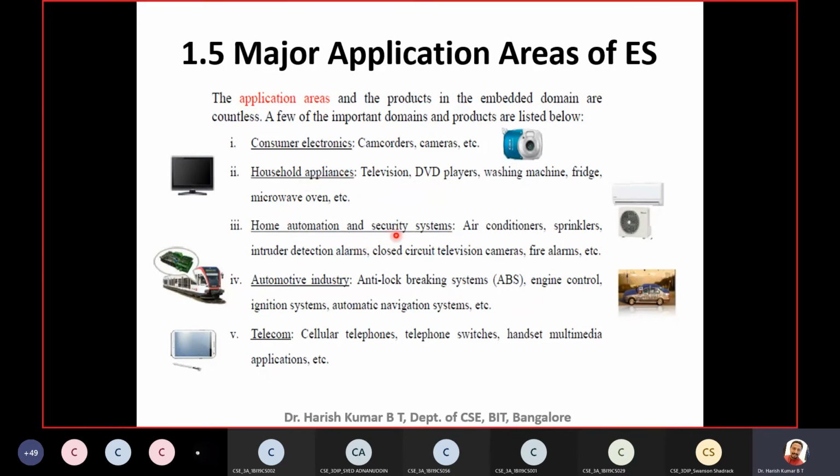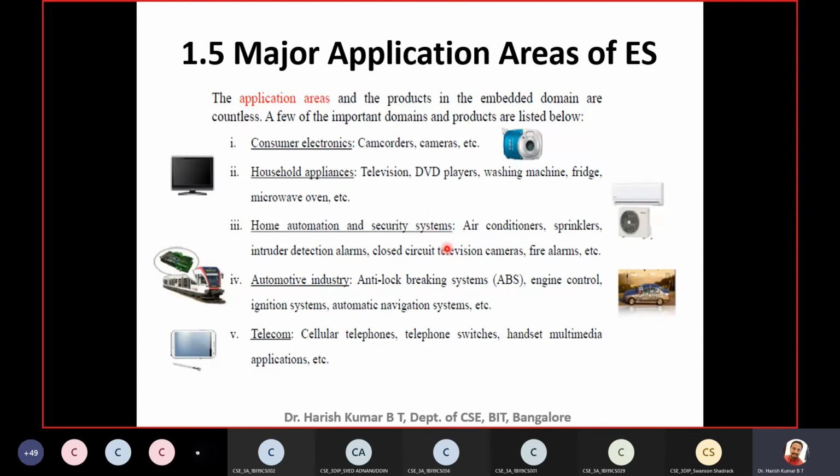Coming to the next one, home automation. I want to make my home a smart home, that is what home automation and security systems are. Even there, embedded systems are used. Air conditioners help in home automation, and then sprinklers, intruder detection alarms for security systems, closed circuit television cameras, that is CC cameras, and fire alarms.